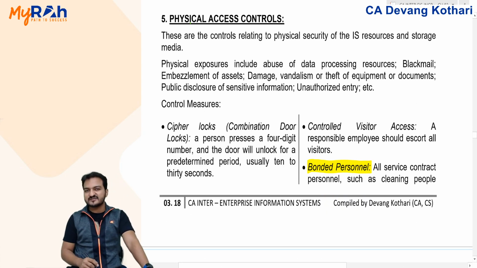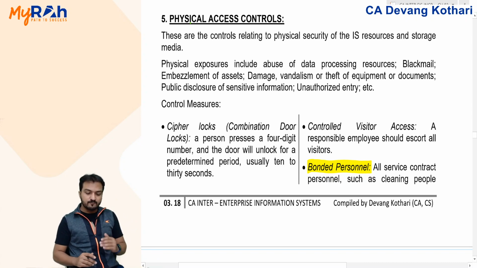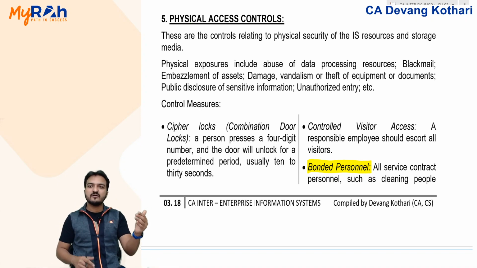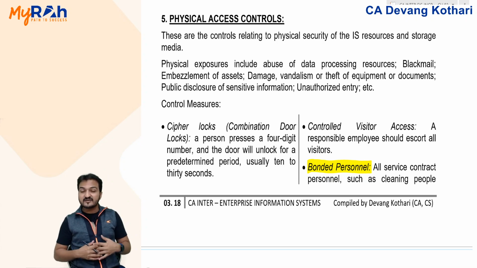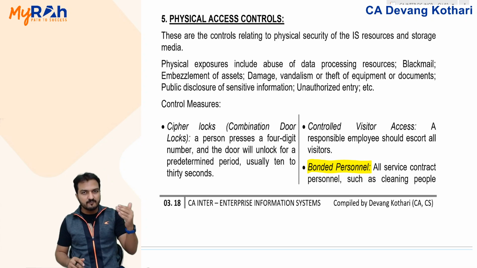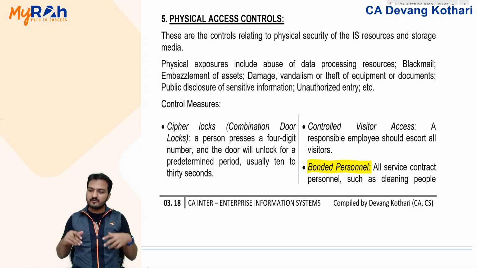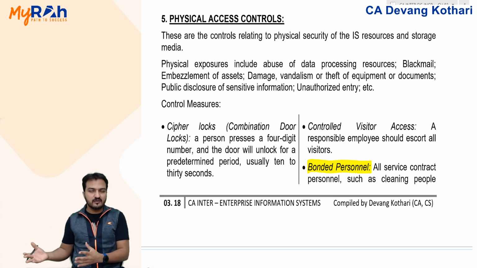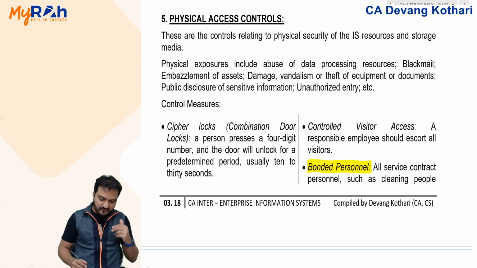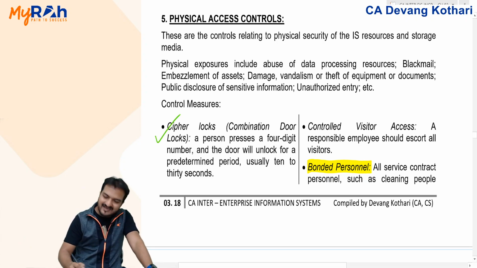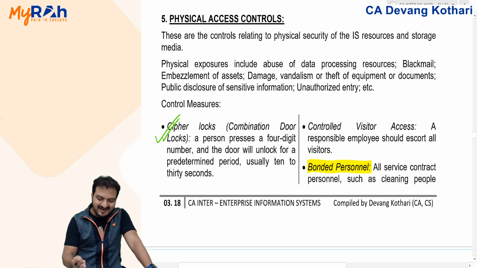Physical access controls are the controls to prevent any person from physically entering my premises, or entering my, say, office and all. For that matter, there are various examples that we had learned. Like cipher locks, or combination locks.